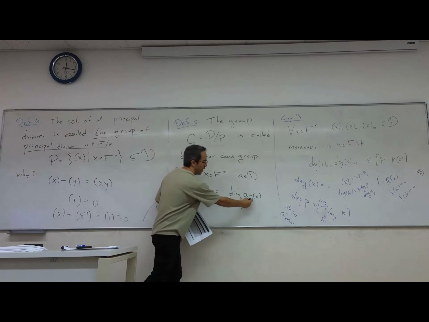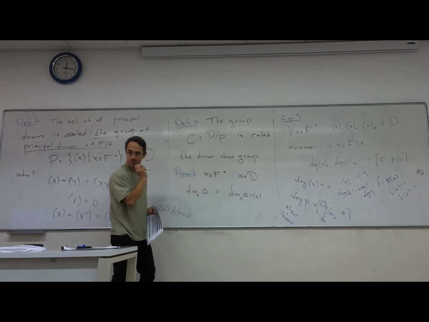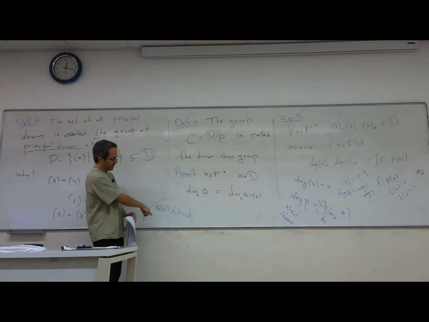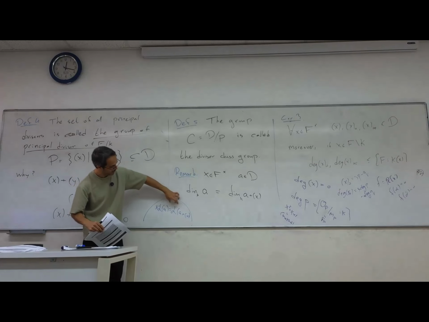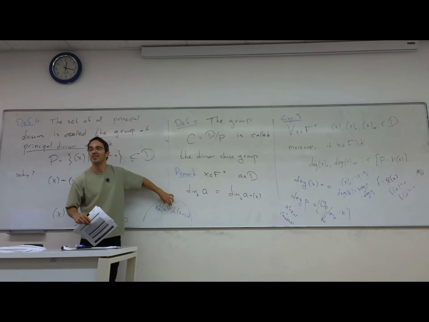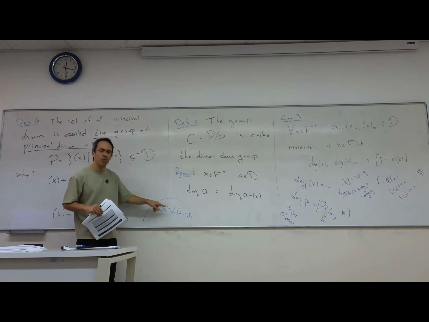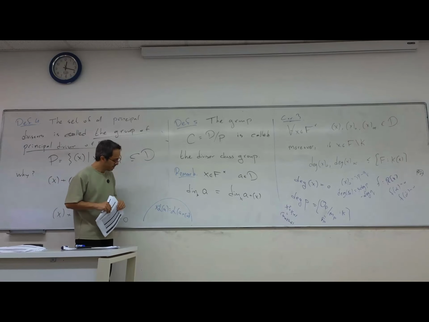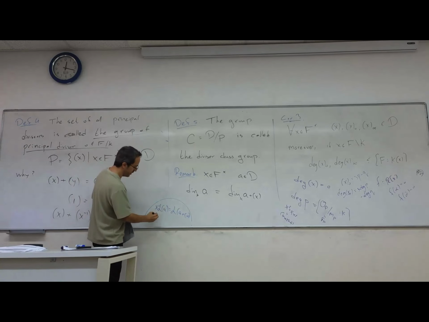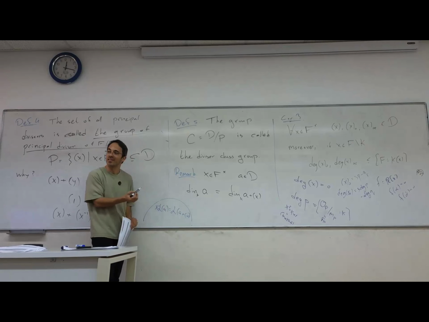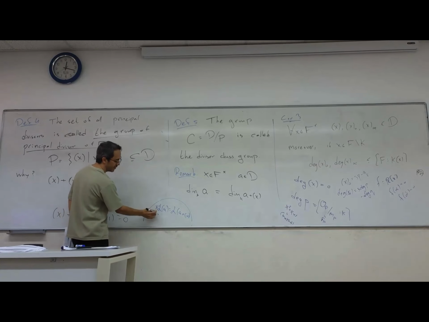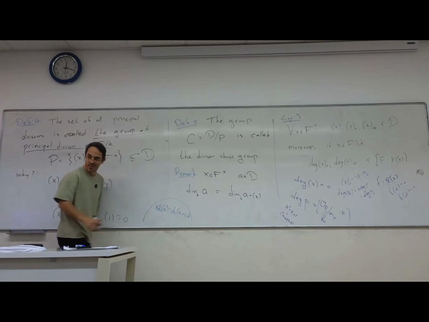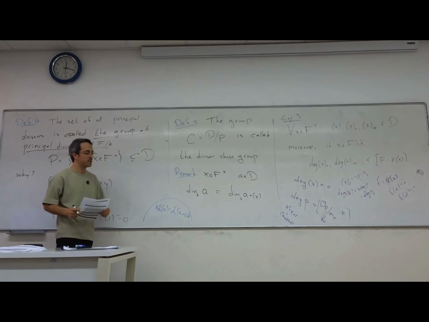It doesn't change if you add any principal divisor, because this is an invertible linear transformation, so these two have the same dimension. And that we proved last time. The dimension of A is just a notation for the dimension of the Riemann-Roch space. This is a linear transformation applied to that, and it's invertible, so same dimension. Different vector spaces, same dimension.